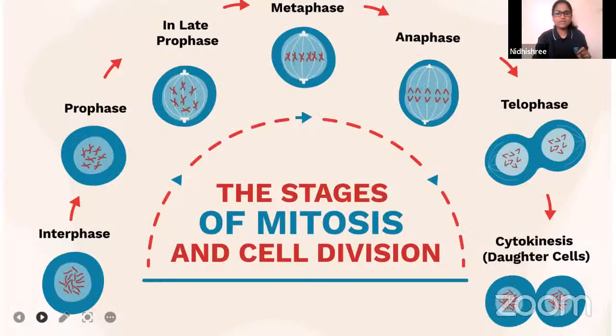Now when we come to the stages of mitosis and cell division, first interphase occurs. Interphase will have G1, S and G2 phases. Then after the interphase it goes to the prophase, then metaphase, anaphase, telophase, then cytokinesis.